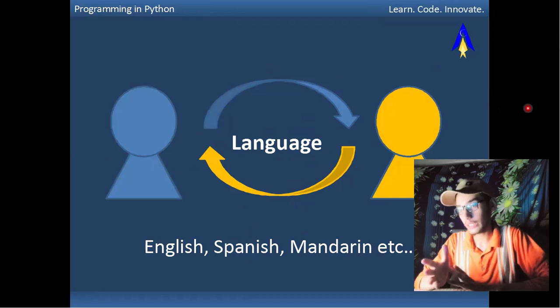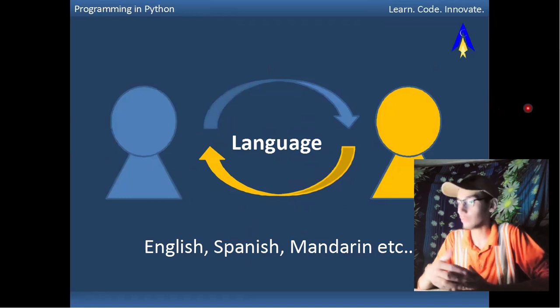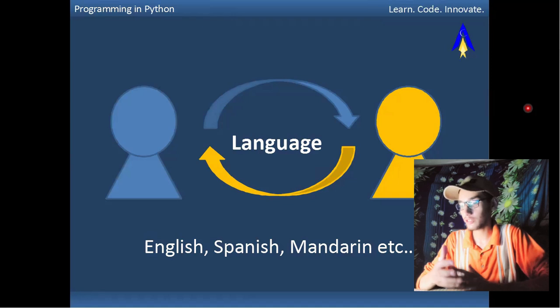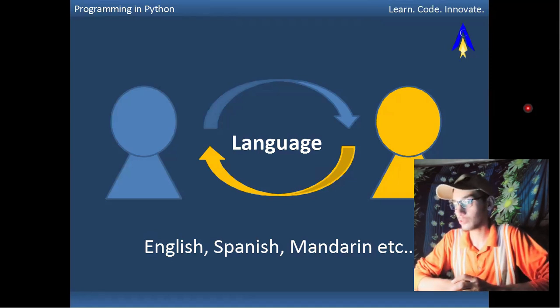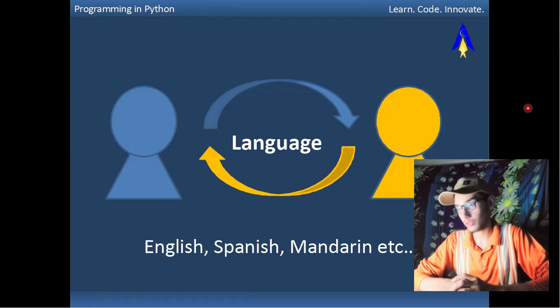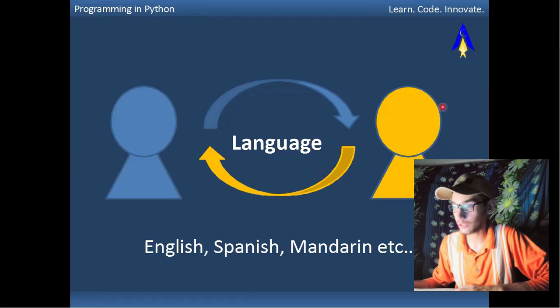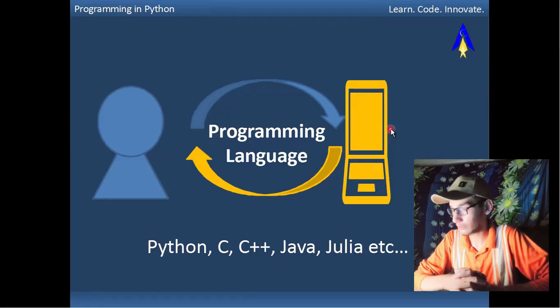If I have to communicate with Cyrus, maybe I have to use the English language. Maybe with another person, I have to use Urdu, Spanish, Mandarin, etc. We call them natural languages because we use them to communicate naturally. In the same way, when you have to give instructions to a computer, you have to tell it in some language, in a specific way, and we call that language a programming language.